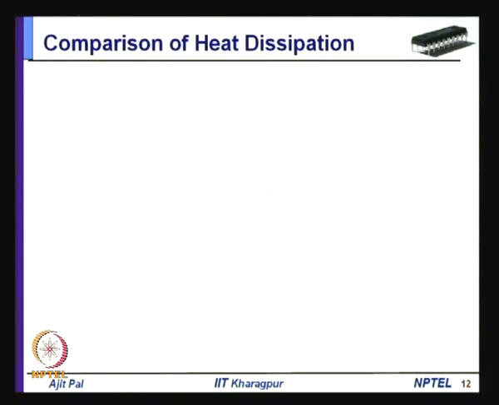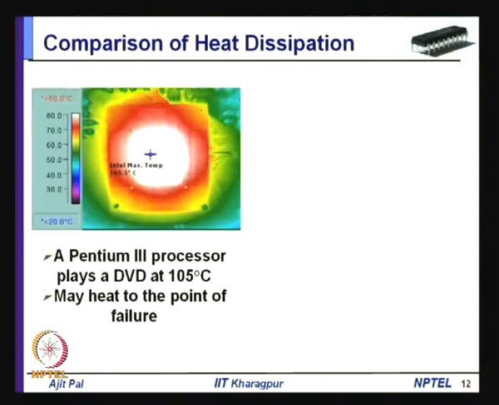Now, another very interesting demonstration is that the test of the pudding is in eating. You have to run some application to demonstrate the efficacy of the technique. So, here a Pentium 3 processor is playing a DVD, that digital video it is executing, and the temperature is rising to 105.5 degree centigrade.